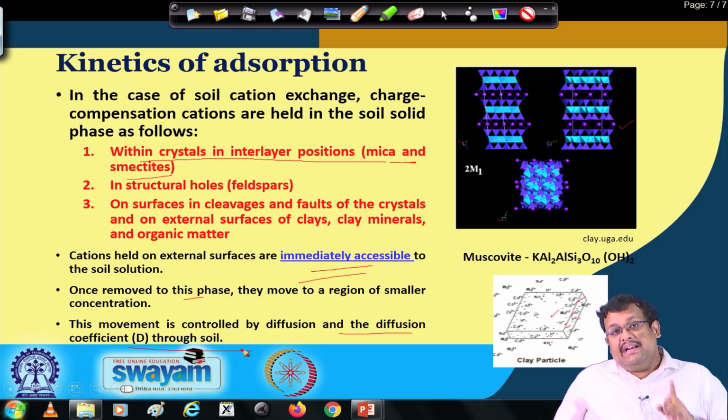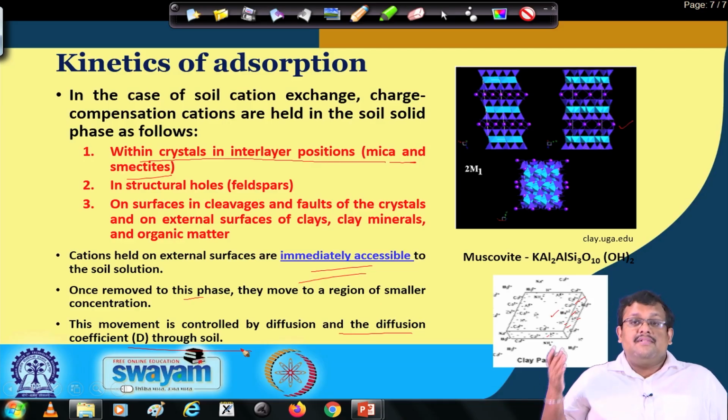One is within the interlayer space, for example, in case of mica and smectite; second, in the structural holes, for example, in case of feldspars; and thirdly, on the surface and the cleavages of the crystals and on the external surface area of the clay and clay minerals, and also organic matter, from where these cations go to the soil solution through the process of desorption. This movement from the external surface is controlled by different types of diffusion and diffusion coefficients.